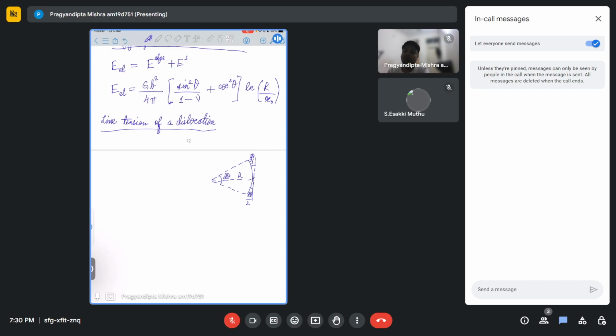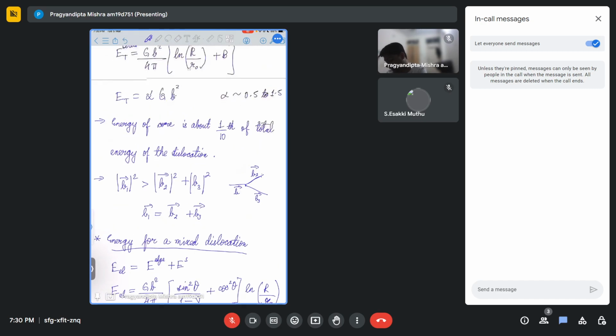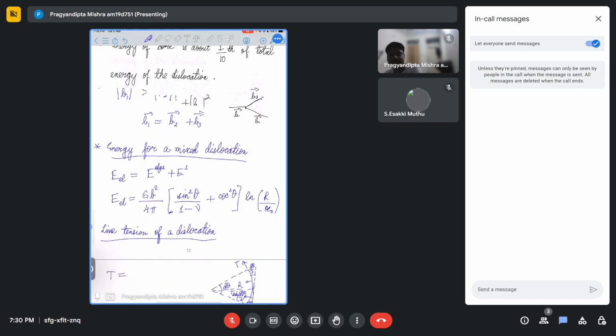So the force that the dislocation is experiencing, the tension, is represented by this T. In this direction it will be T sine d theta by 2. Just look at the geometry, you'll understand. This will be T sine d theta by 2. This T is equal to the energy for a particular dislocation, right? The energy value that we have derived. Total energy, alpha GB square, right?